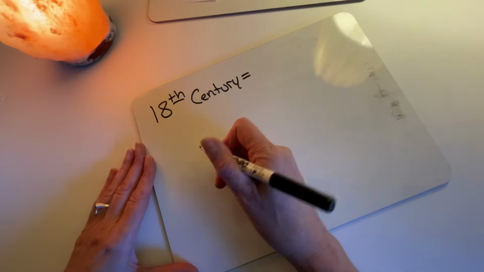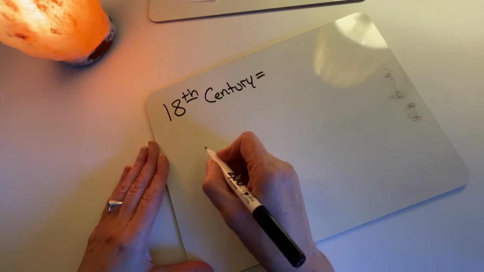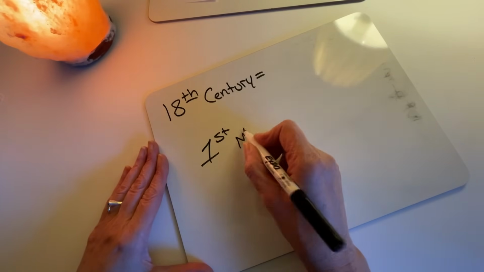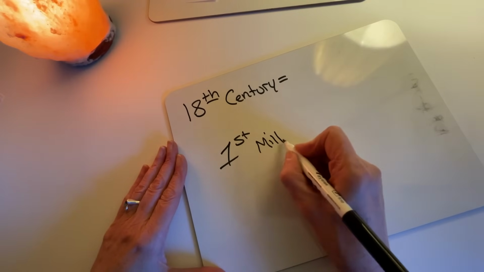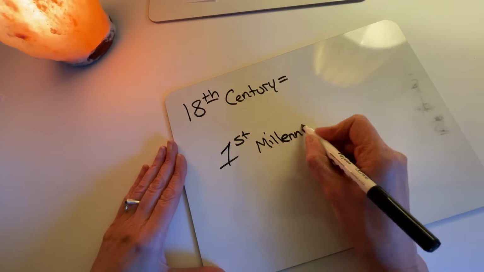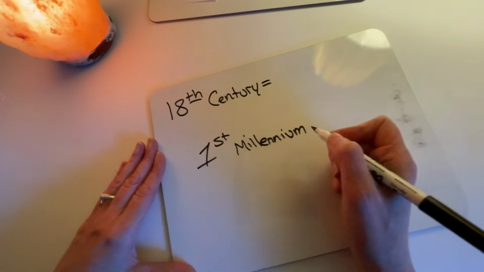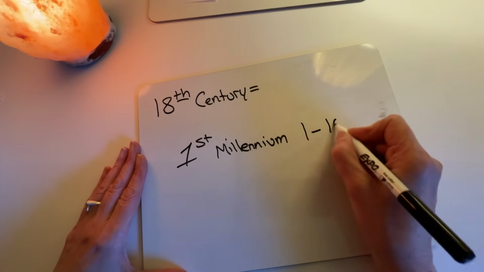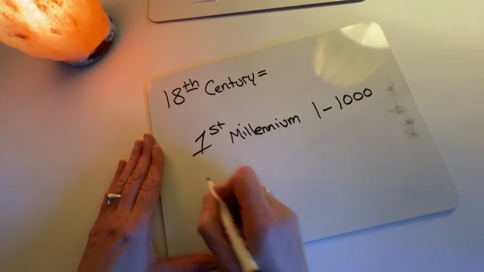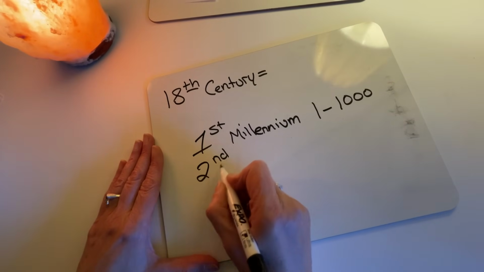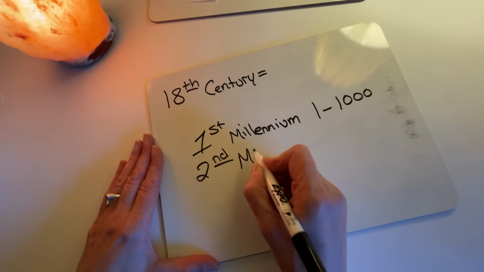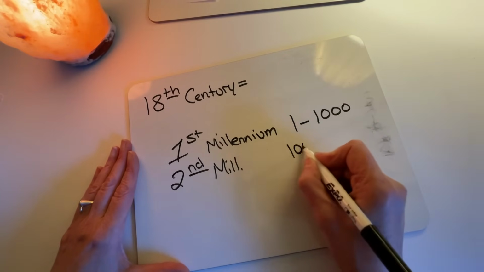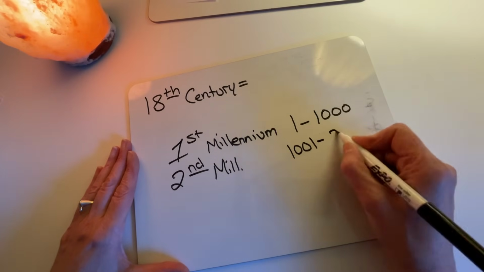All right, so let's look at, okay, first of all, there's a thing called millennia. And the first millennium, how do I spell millennium? Okay, the first millennium would go year 1 to year 1000. The second millennium would go year 1001 to 2000.